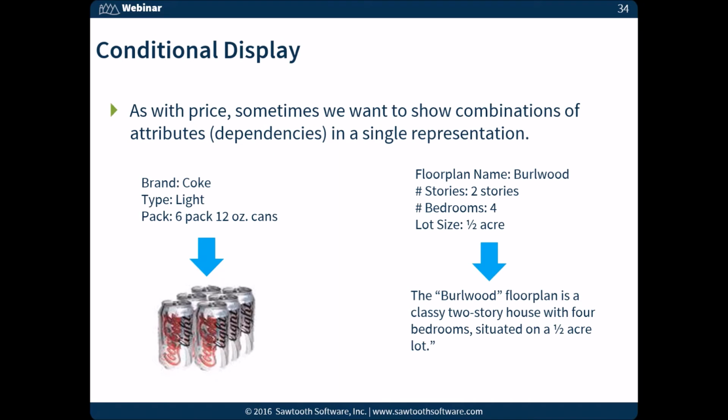On the right-hand side, we also have an example of four attributes being combined together into one textual description. This is really great conditional display when you want to make it simpler for the respondent, right? It's a lot easier for them to absorb this one image of the Coca-Cola Light 6-pack than it is to read the text of Coke Light 6-pack 12-ounce cans.